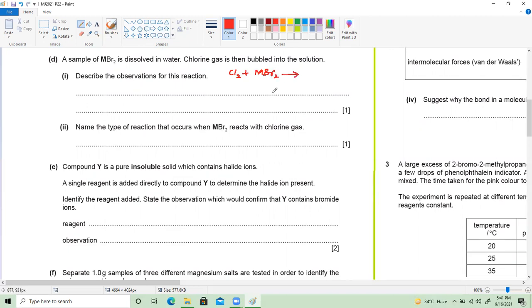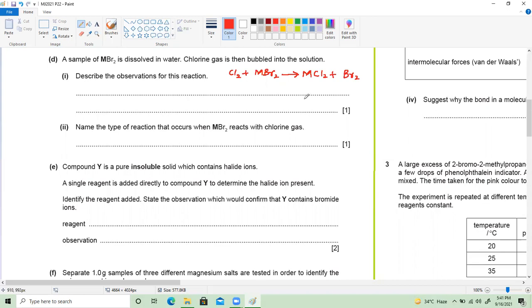Now we know that chlorine is a more reactive halogen than bromine, so it can displace the bromide ions from it. Thus, it should result in the formation of MCl2, which is a colorless aqueous solution again. And what should be produced? Bromine is produced as well.